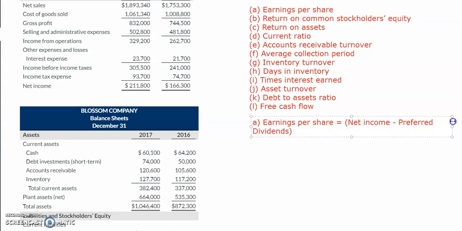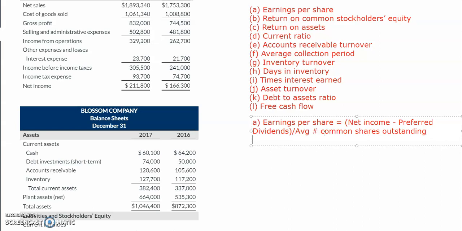And for the weighted average shares outstanding, this is going to be the number of shares that are outstanding of common stock shares. And we'll notice that in this problem, there are no preferred dividends.